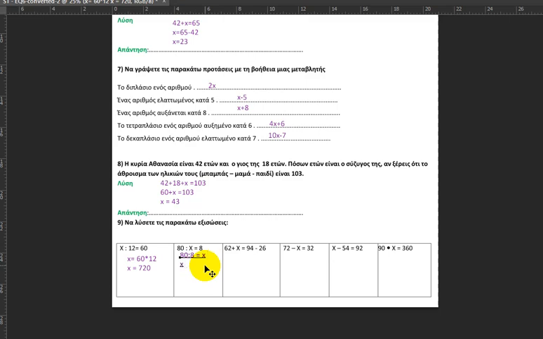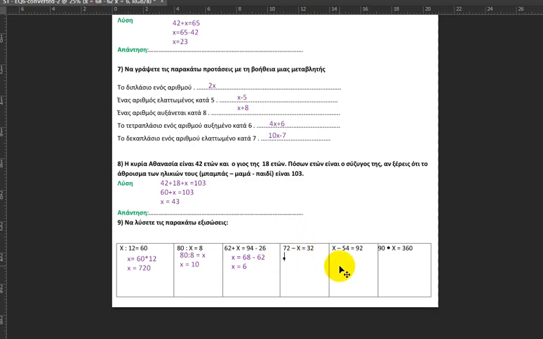So x equals 10. 62 plus x equals 94 minus 26. So x must be equal to 94 minus 26 would give us 68 minus 62. I sent it to the other side. So x must be equal to 6.